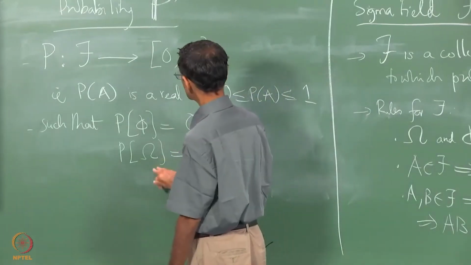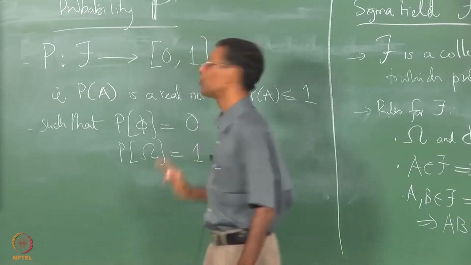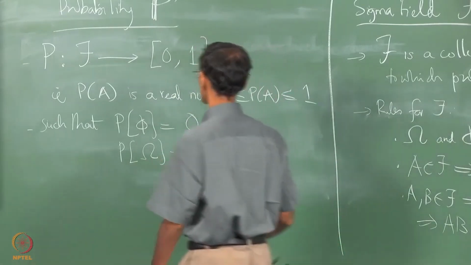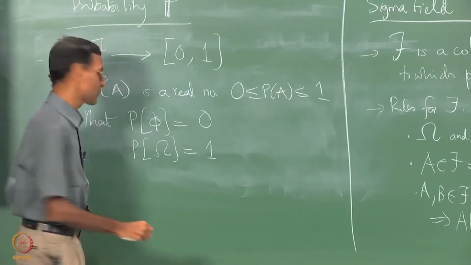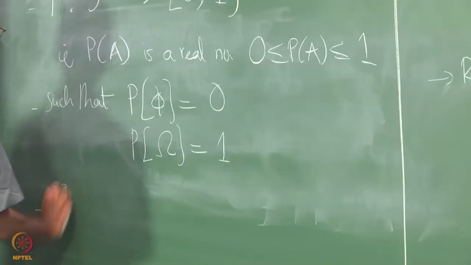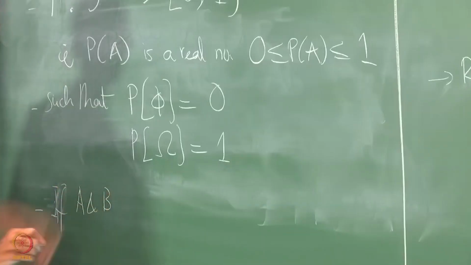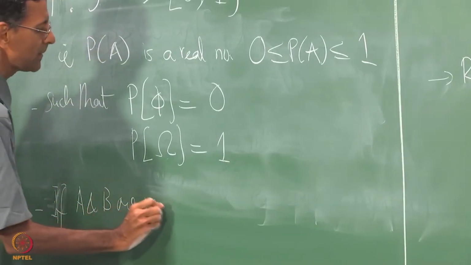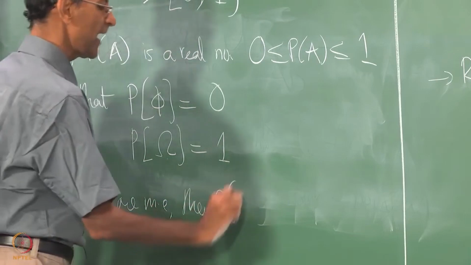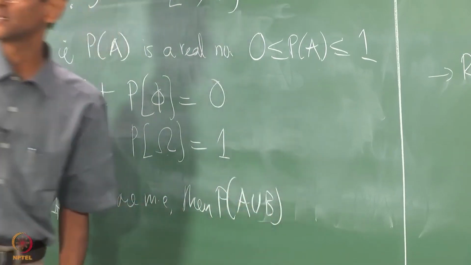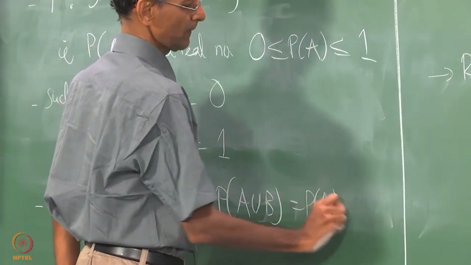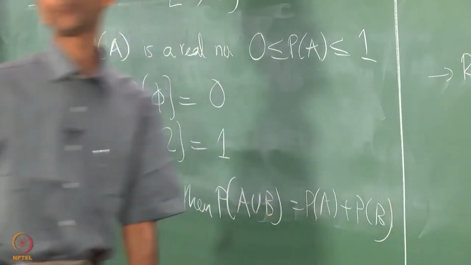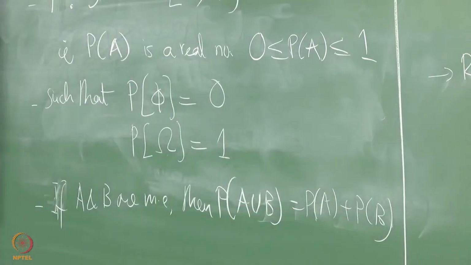So, therefore, no probabilities can exceed 1 by definition. And then the other important rule, we will just say it and close for today: if A and B are two sets in F that are mutually exclusive, then P of A union B, the probability attached to the union, must be the sum of P(A) and P(B).